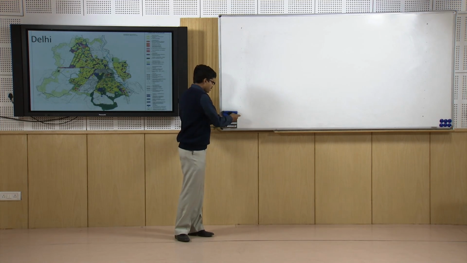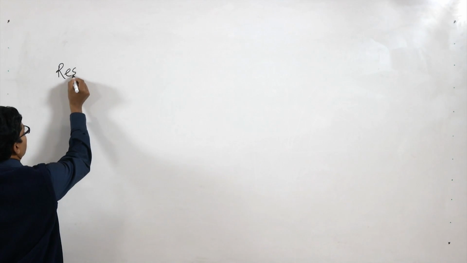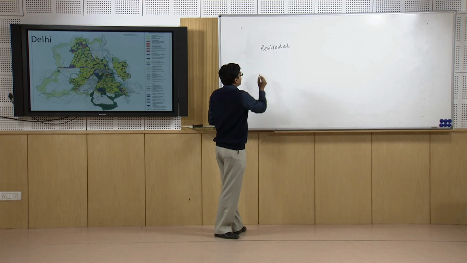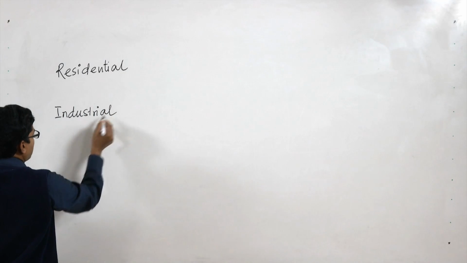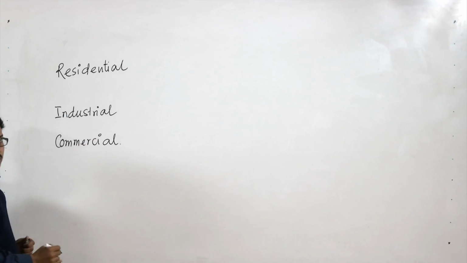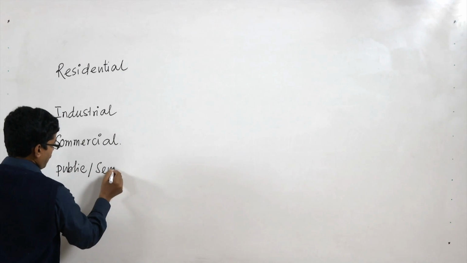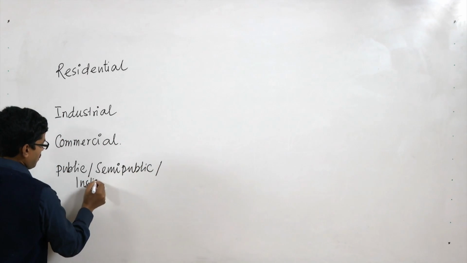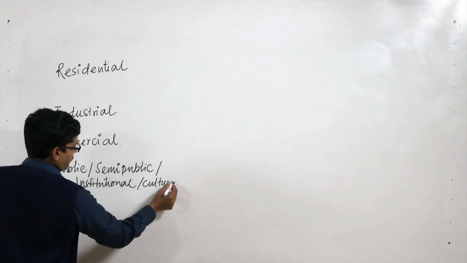Basically, if we now discuss the land use map, we told you that we have different types of land use: residential, industrial, then commercial, then public, semi-public, or institutional, cultural.